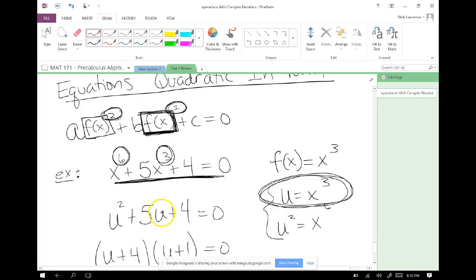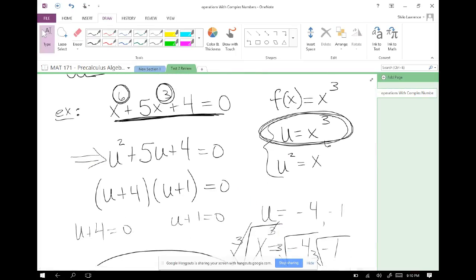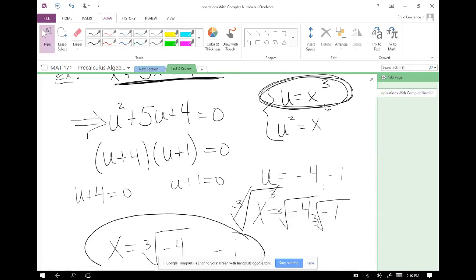And we're going to rewrite the equation with the u's so that it actually looks like a quadratic. And then we're going to solve it out just like a quadratic and solve for the u. And once we have our answers for u, we're then going to go back to what we said u was equal to and plug the x back in, and then just do one more step to solve for the x.